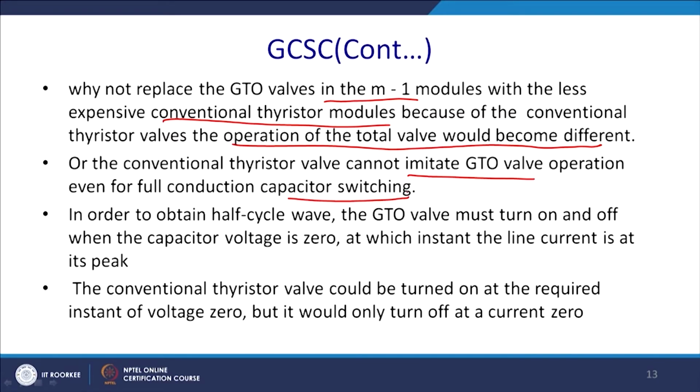In order to obtain the half cycle wave, the GTO valve must turn on and turn off when the capacitor voltage is 0, at which instant the line current is at the peak. So, this is something we are required to do. So, turn off control is required, and it is only possible with the GTO.